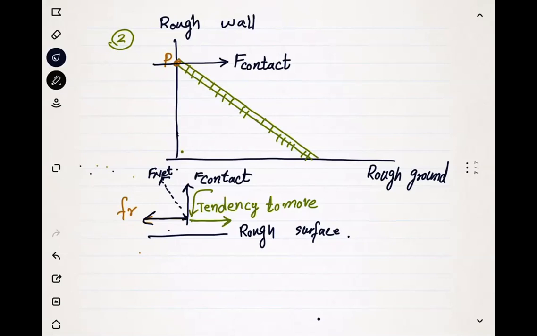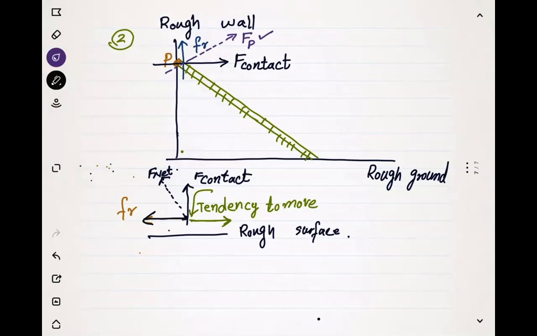If some point has a tendency to slide downwards, then friction on that point is upwards. So friction on point P will be upwards. However, the force on P, which is the net of friction and contact force, should be drawn like this. So Fp is the force on P, that is the net of the friction and the contact force.